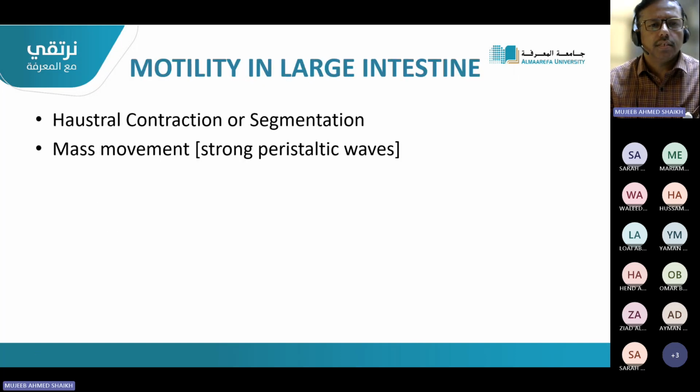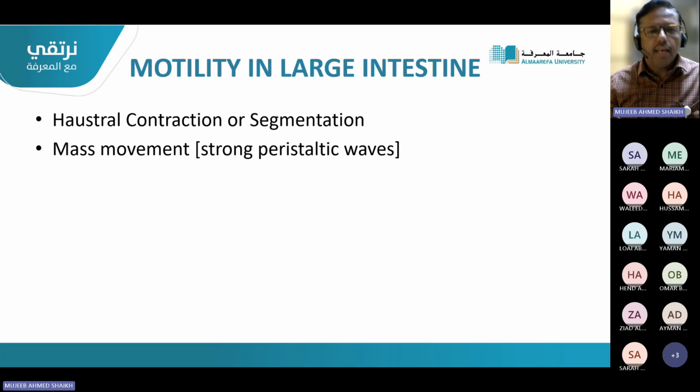So the large intestine is also discussed in terms of motility, secretion, absorption, and digestion. Here, two types of movements occur in the large intestine: haustral contraction, which is similar to the segmentation contraction, and mass movement, which is similar to the migrating motility complex.